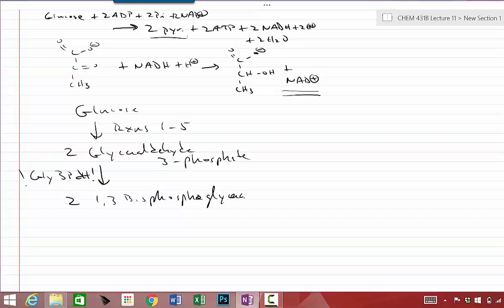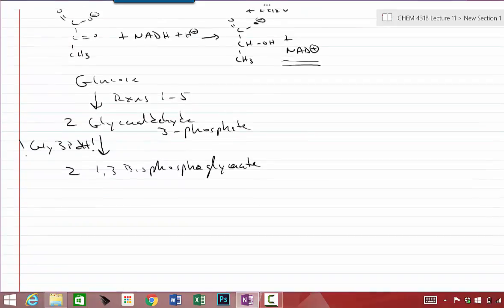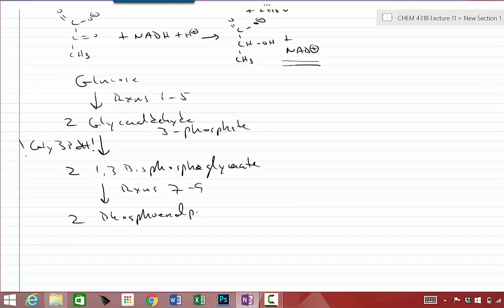Okay. And then we have reactions 7 through 9 of glycolysis. And then down here we're going to make 2 molecules of phosphoenolpyruvate, and then in reaction 10, we're going to make 2 molecules of pyruvate.